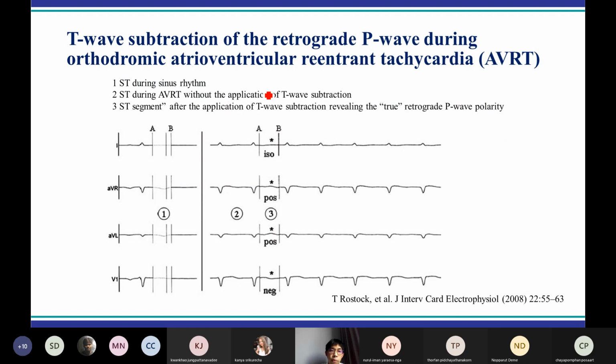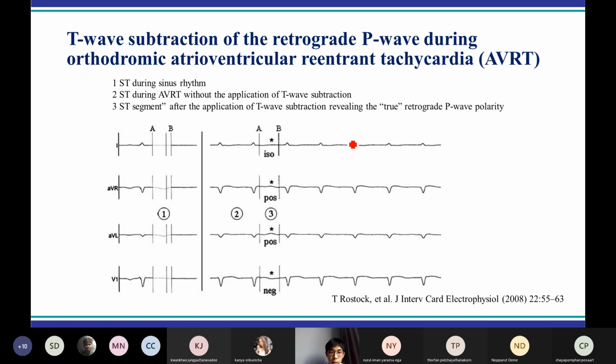This is the T-wave subtraction of the retrograde P wave during orthodromic atrioventricular reentrant tachycardia, AVRT. The first one is the ST segment during sinus rhythm.